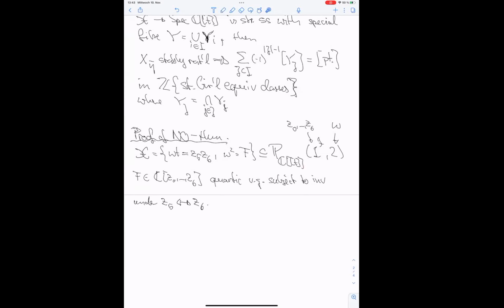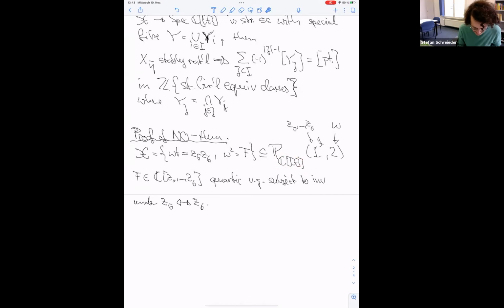So it's the deformation parameter, right? Exactly. Yes. So everything happens over this power series ring, and for T equals 0, we get the special fiber, and if T is invertible, we get the generic fiber. And they assume that this quartic is symmetric in Z5 and Z6, but sufficiently general otherwise.